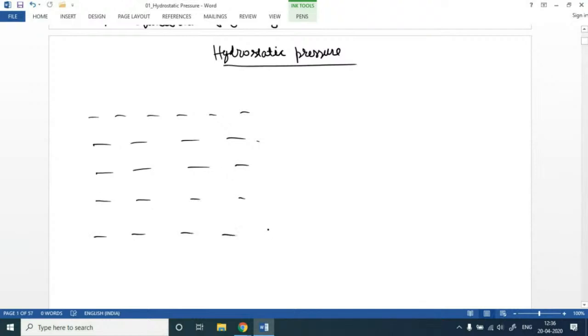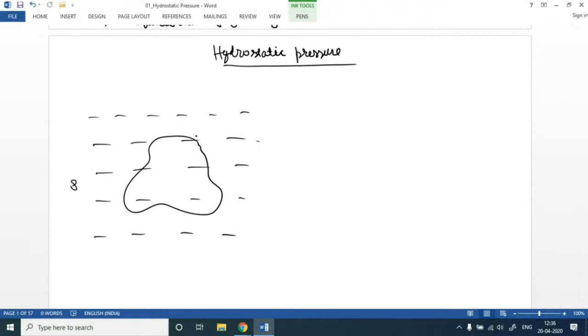For the sake of simplicity, let's assume the density of the liquid is rho, and the liquid is homogeneous, so rho will be constant. And inside this liquid, let's assume there is some body of some random shape submerged.